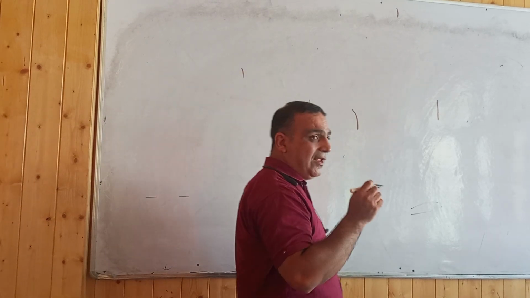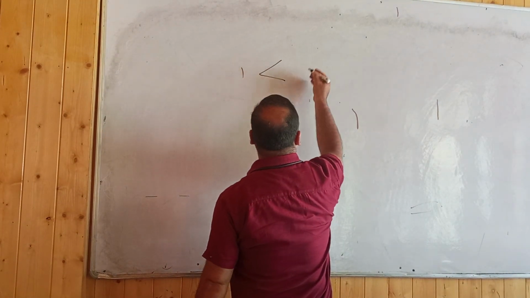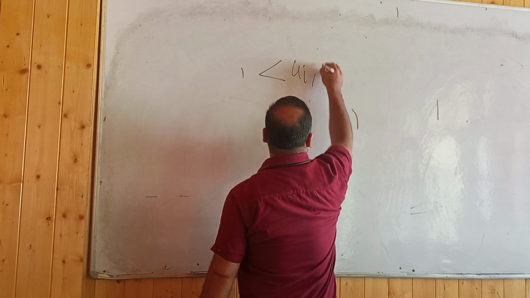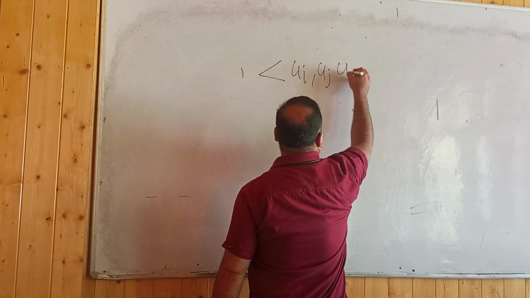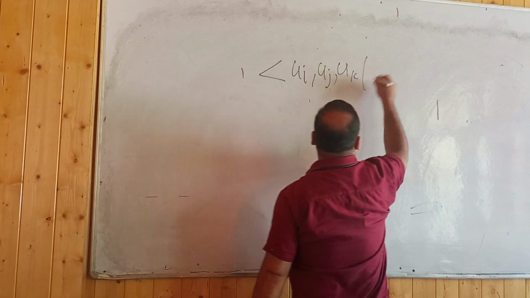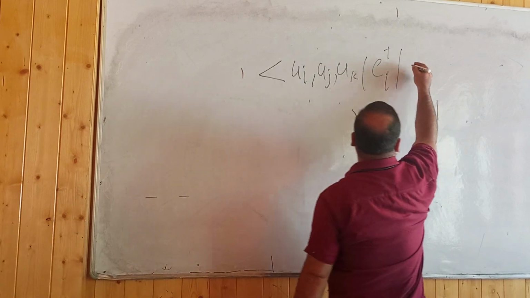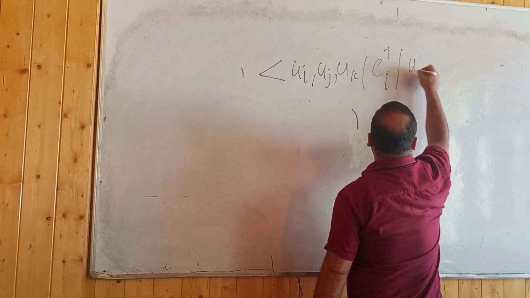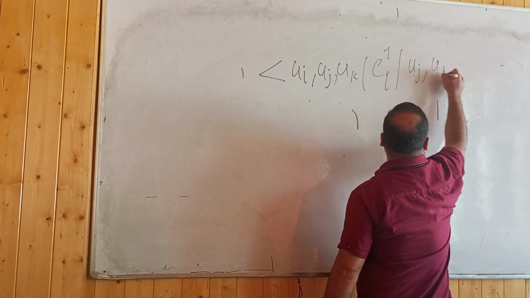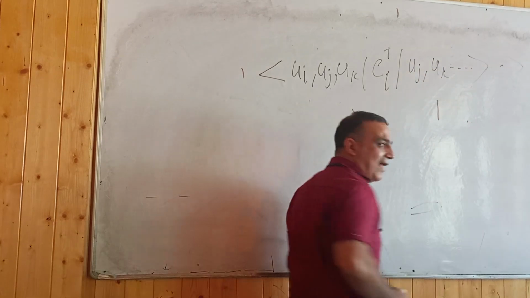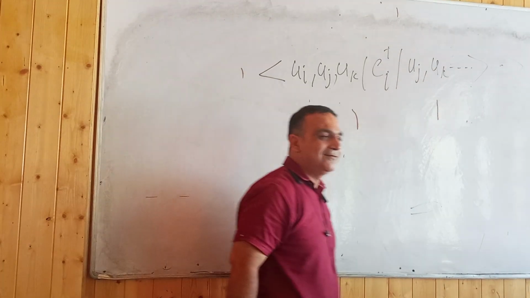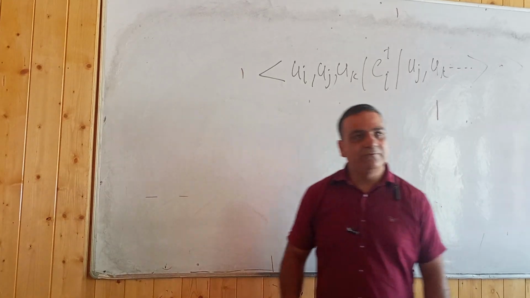Now see, come on. If I write down something like this, UI, UJ, UK, and then I have CI dagger, then I have UJ, UK, and so on and so forth. Come on, how will you solve it? Give me the result. Come on, what will be the value?